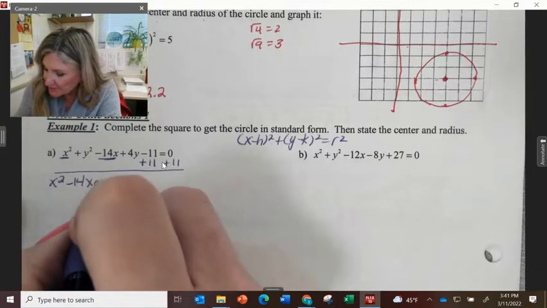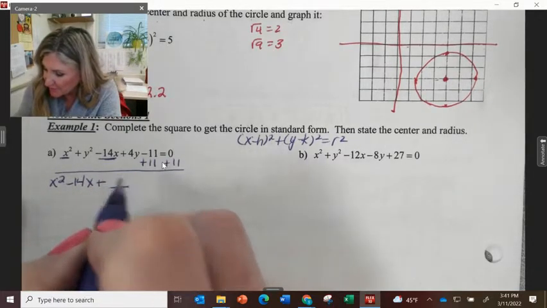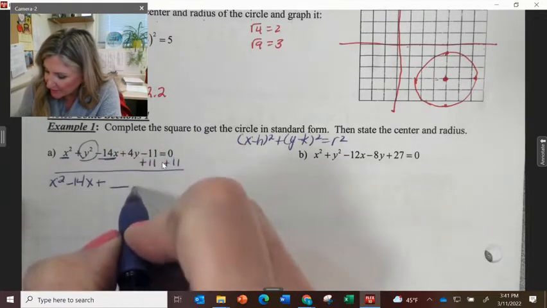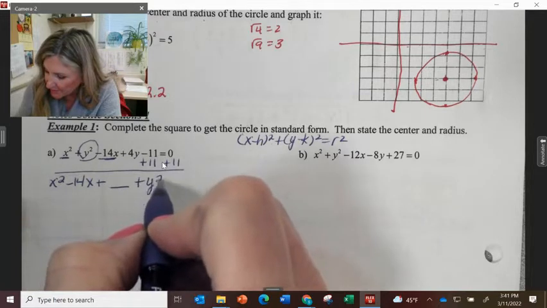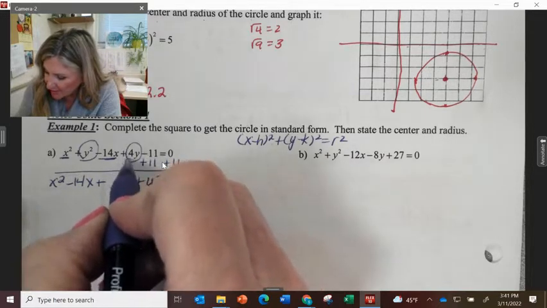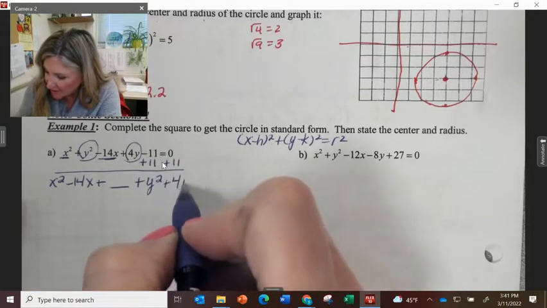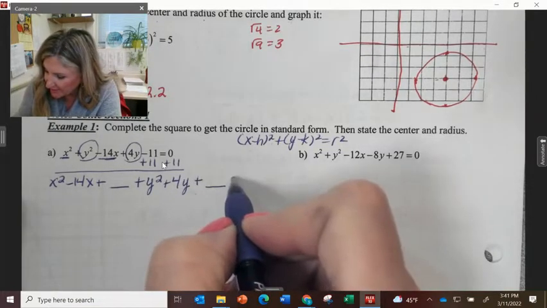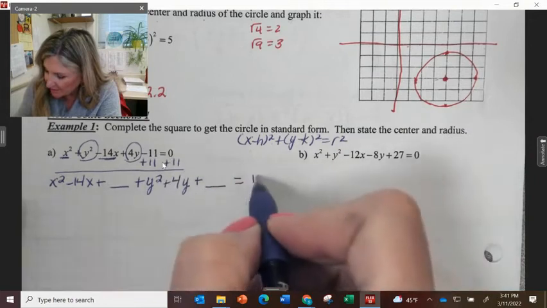I'm going to leave a little space here so that I can complete the square. Now I'm going to go to my y term. Here's y squared, so I'm going to put plus y squared, and then my other y term of plus 4y. Again, we're going to leave a little space here, and that's equal to 11.